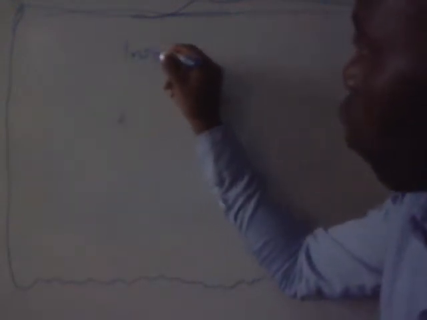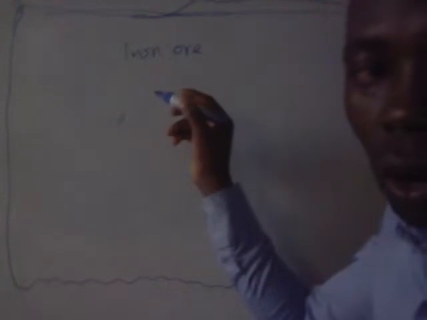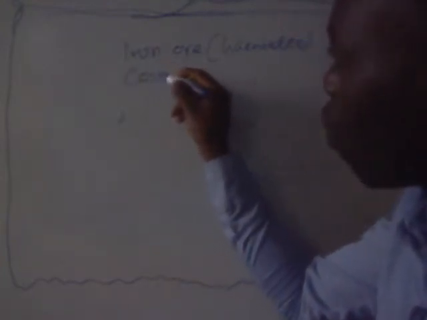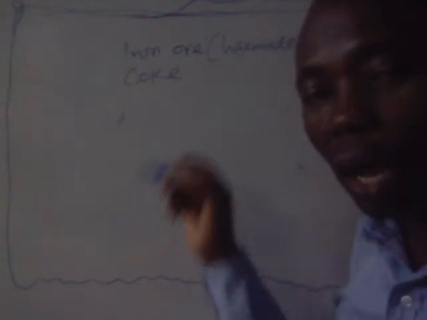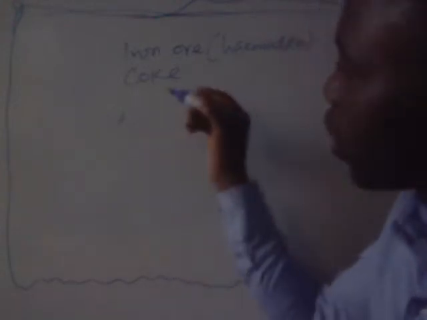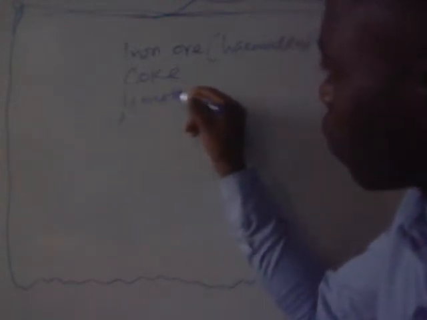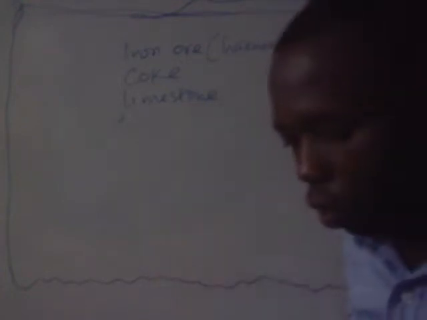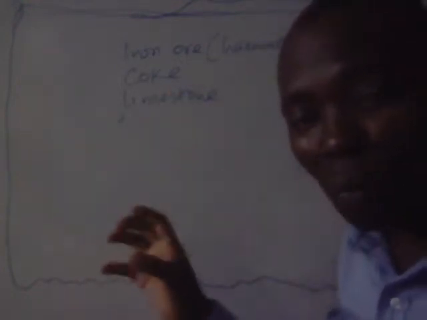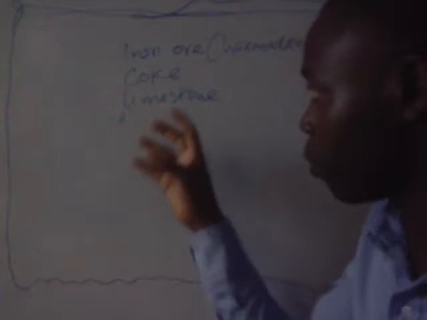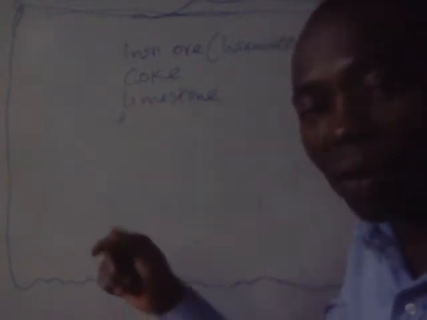First is the iron ore itself, which could be hematite. Then we have coke, which is carbon. Then the third one is limestone.